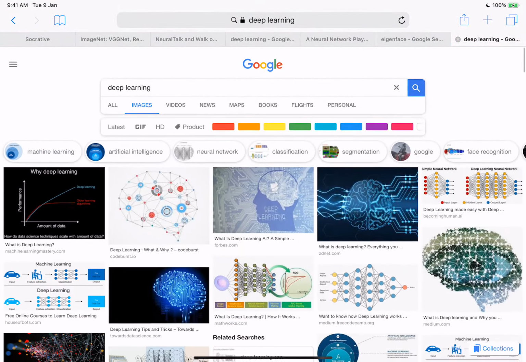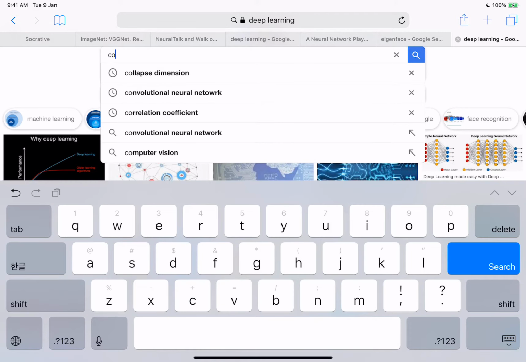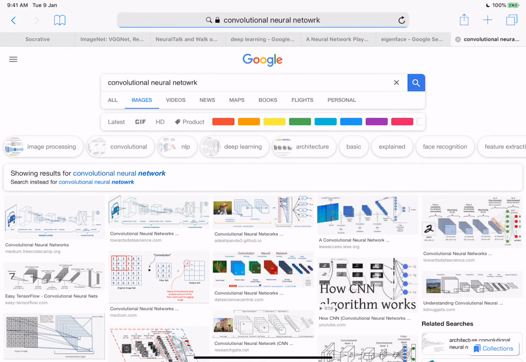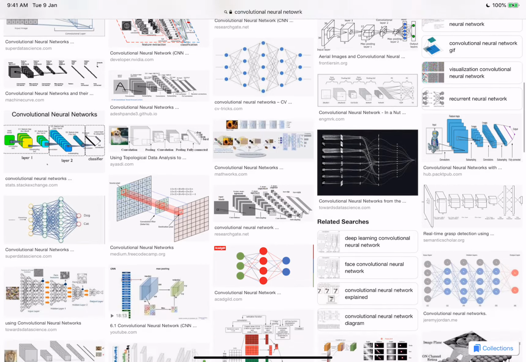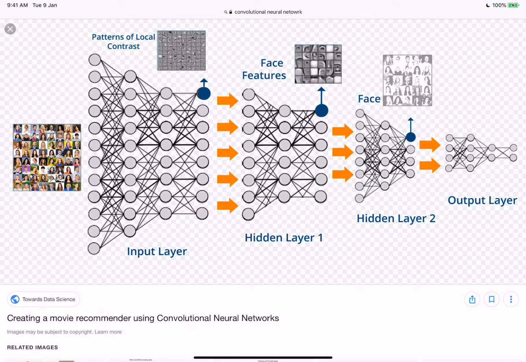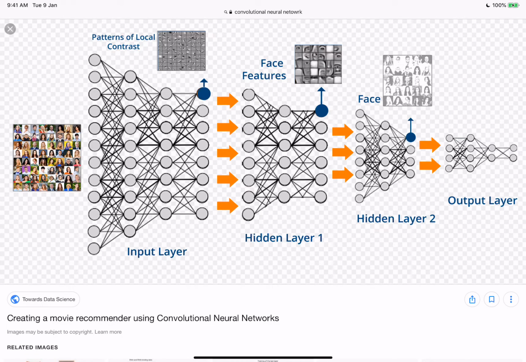Maybe let me make it more specific: convolutional neural net. Okay, so this is probably one of the widely used figures that introduces the neural net or deep learning, and it is still considering facial images, and it will do something by using this multi-layer neural net architecture.